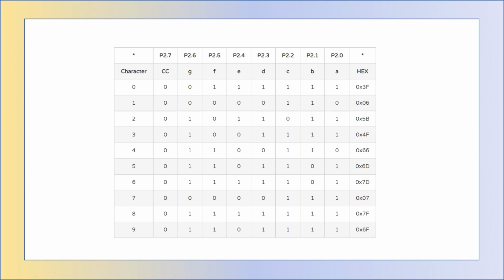So this is the characteristics table of the 7 segment display light, showing glow and off states. This is the table of content. Thank you.